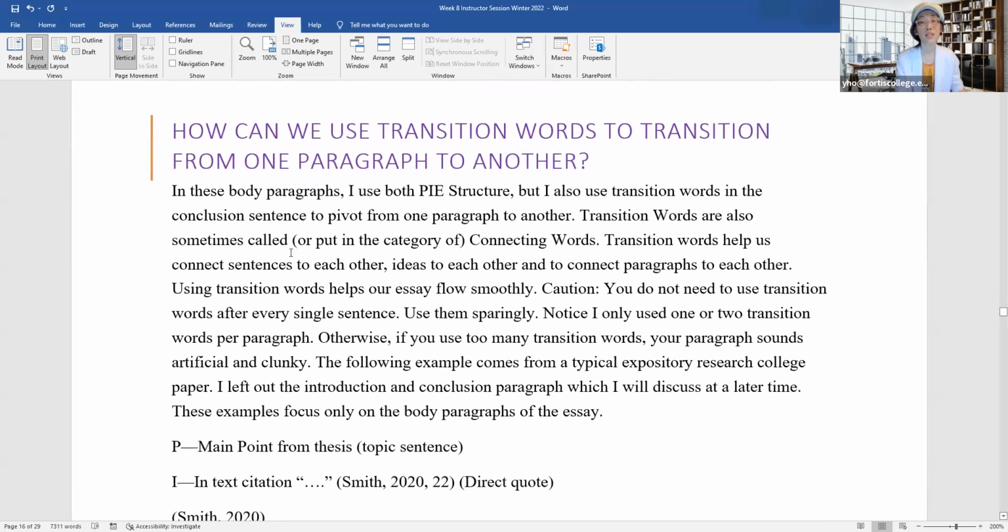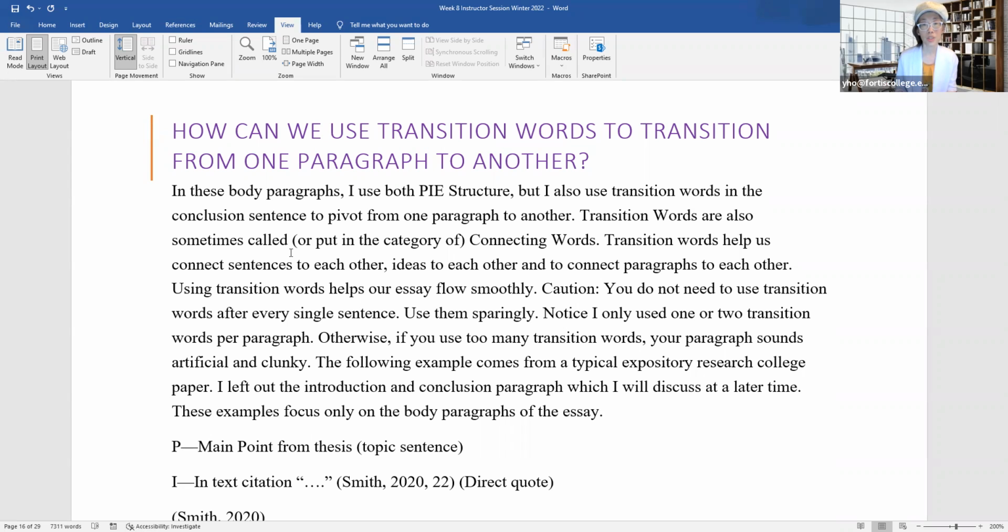How can we use transition words to transition from one paragraph to another? Remember that when we write a paragraph, the three parts of a paragraph are the topic sentence, supporting sentence, and conclusion sentence. And when we write our in-text citations, because you need to use in-text citations for essay 2, you use pie structure.